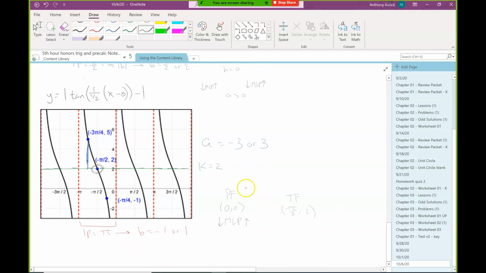And the order of our arrows here are up, midline point, and then down. So that tells me that h is -pi/2, and because the order of my arrows are opposite, that the a needs to be negative. So y equals -3 tangent of 1 x minus -pi/2.